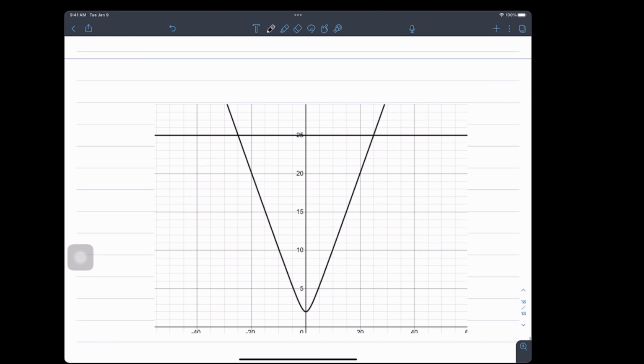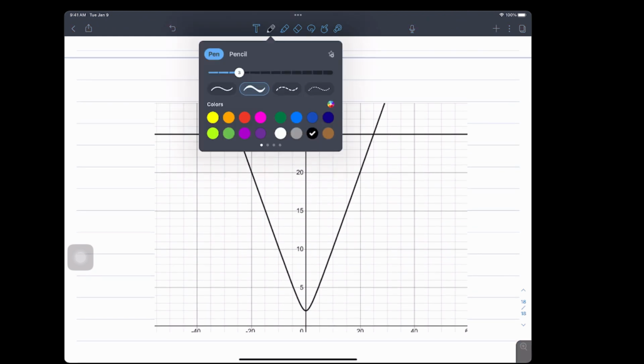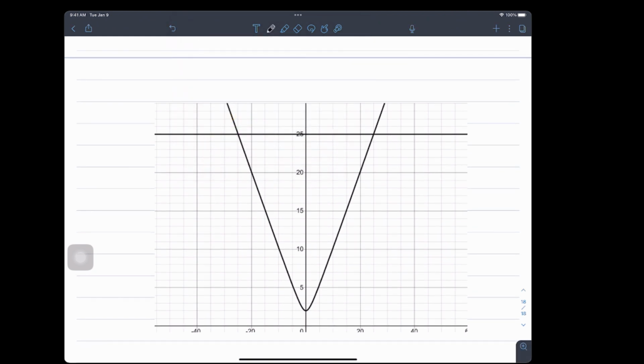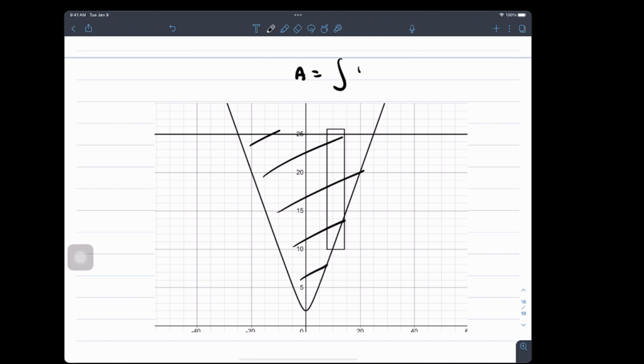Now, how would you start to do this? Because we're out of time. How would you guys start to do this? Approximating rectangle, right? So they want you to find this whole area. So my area is, again, y top minus y bottom dx.